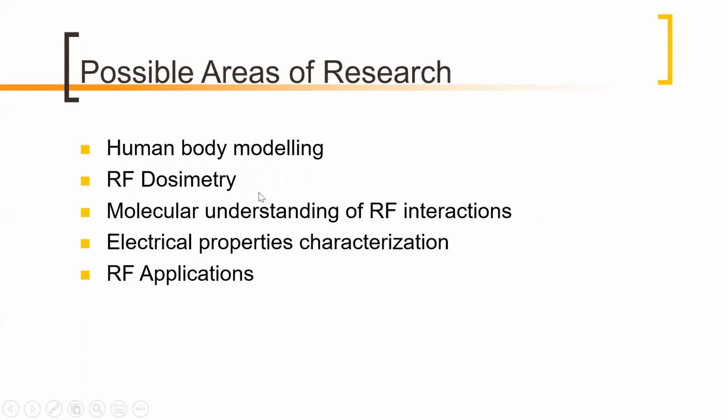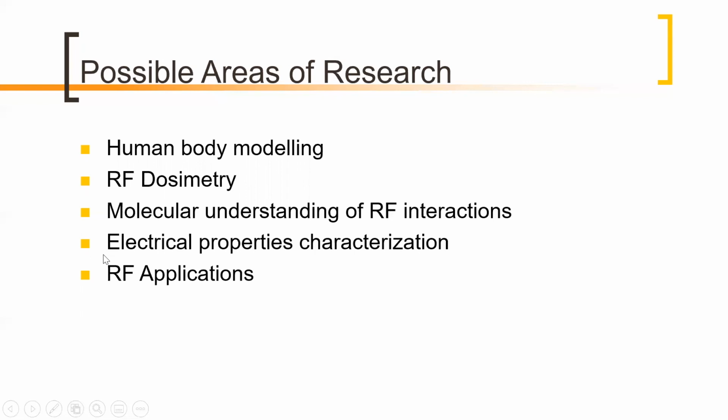We can also do experimental measurements, designing some representation of tissues and then observing the amount of energy deposited. Like I mentioned earlier, the unanswered question of whether RF can lead to carcinogenesis can be investigated when we understand more of the ways in which RF interacts with the body on a molecular level, as opposed to a macroscopic description.